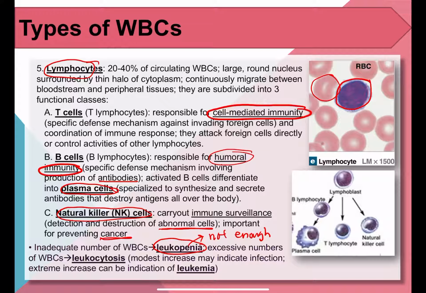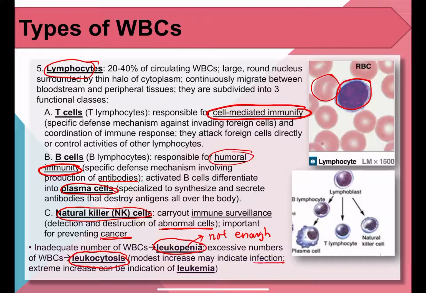So excessive numbers of white blood cells detected in a person's blood is called leukocytosis, which can indicate two things. A moderate increase in white blood cells is normal in a person that has an infection, or is sick with a cold or other things, okay?